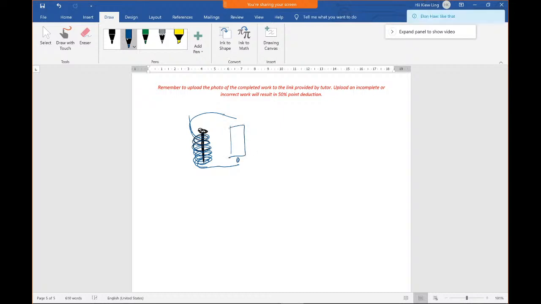Then you connect. That one is only magnetism. That is last week's topic, magnetism. So when you coil your wire around the nail and you connect them to a power supply, the whole thing will be turned into a magnet.